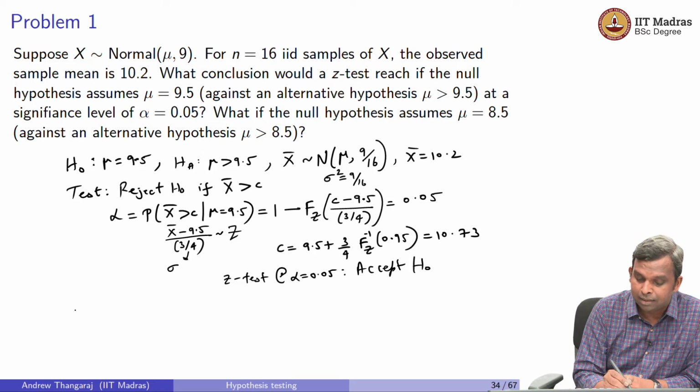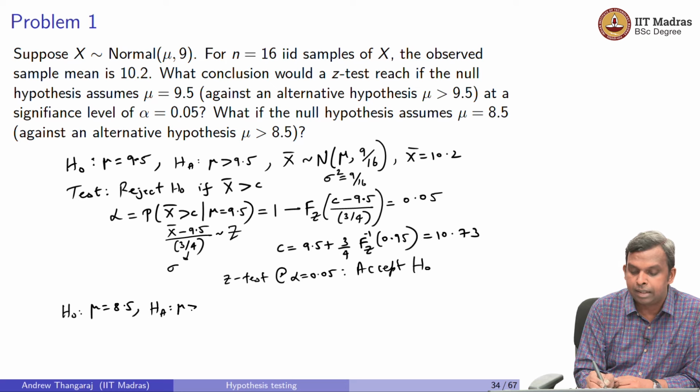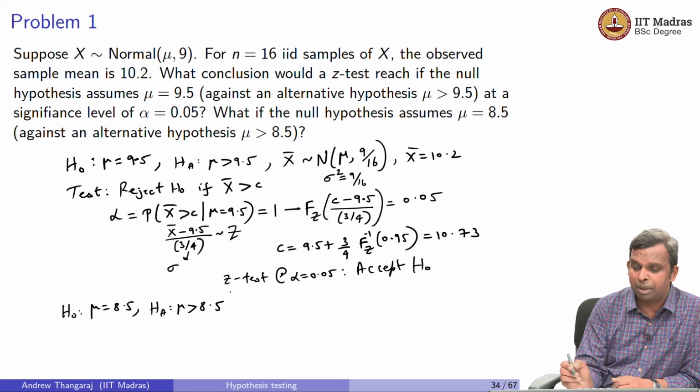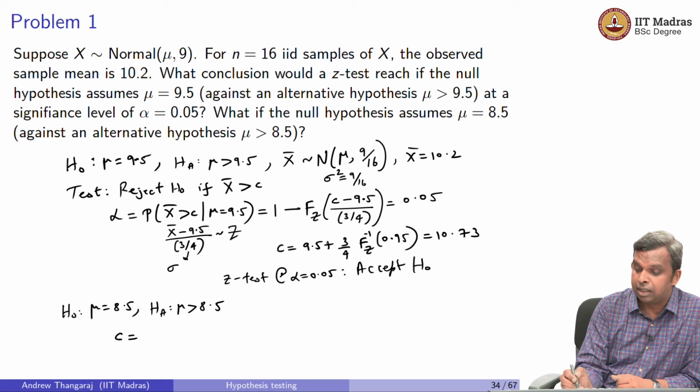So the other case is where the null hypothesis is mu equals 8.5 instead of 9.5, and the alternative is mu greater than 8.5. Everything else remains the same. The only thing that changes in this equation is that instead of 9.5, you have 8.5.